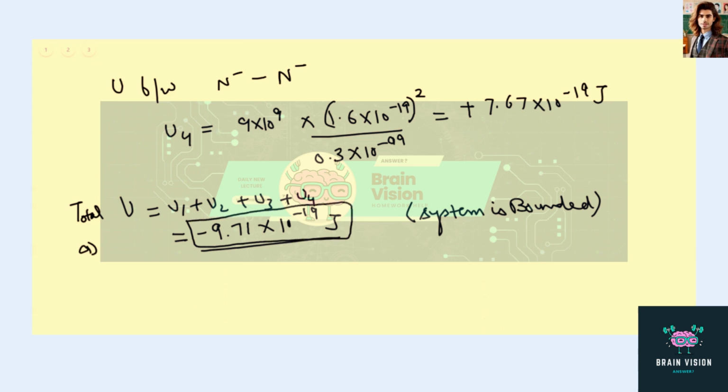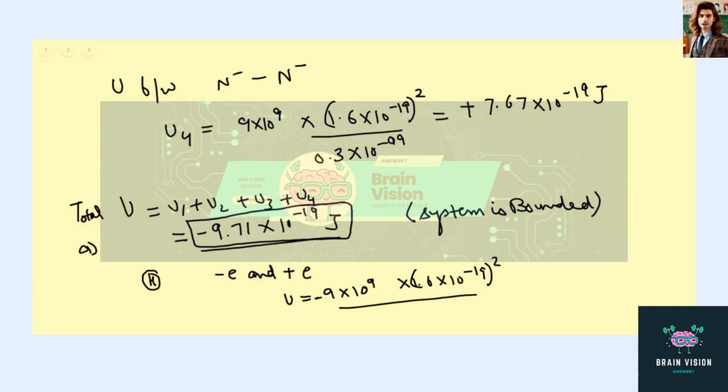Now part B says to compare this value with the hydrogen atom. The hydrogen atom has one electron and one proton, so the charges are minus E and plus E. So U equals 9 times 10 to the power 9 into 1.6 times 10 to the power minus 19, and since one is negative and one is positive, we put negative here, over R. You can find the value of R using Google or within this book.